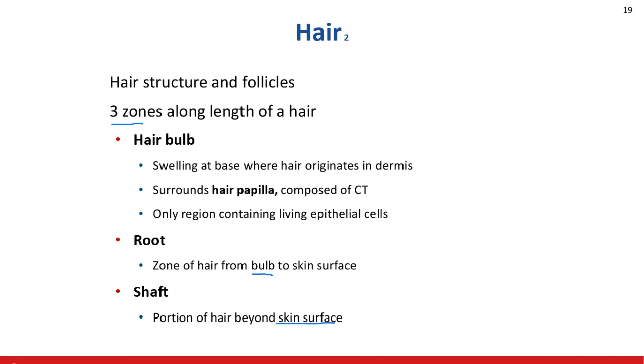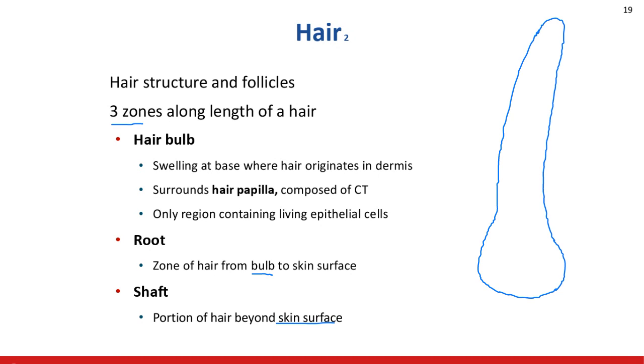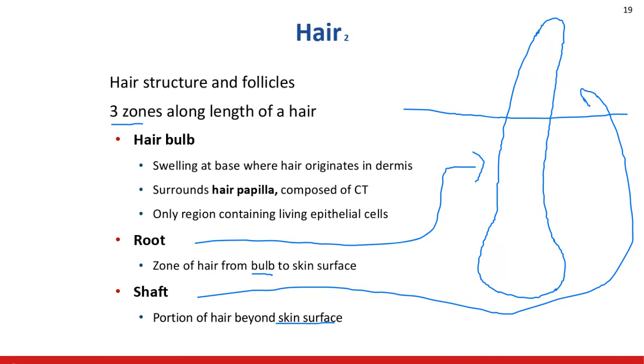So your hair is a long, slender structure with a bulge at the end here. This is the surface of the skin. The root is here. The shaft is up here. And then the hair bulb is right here.